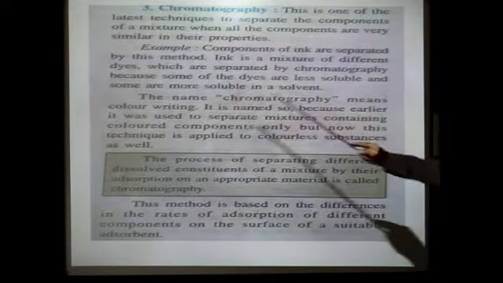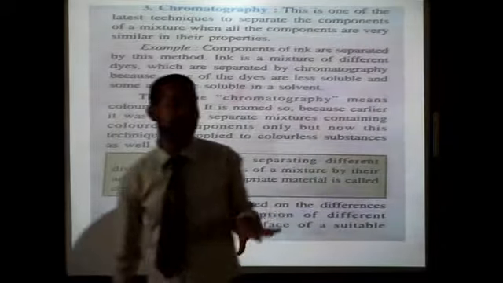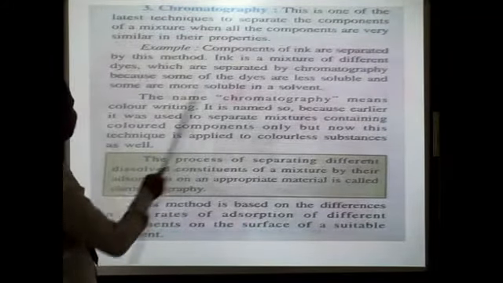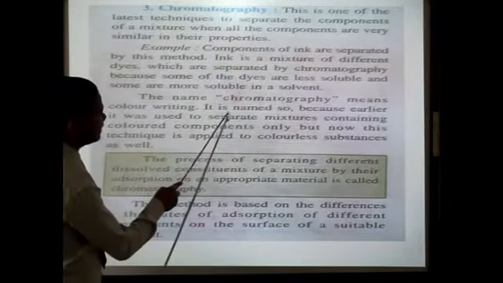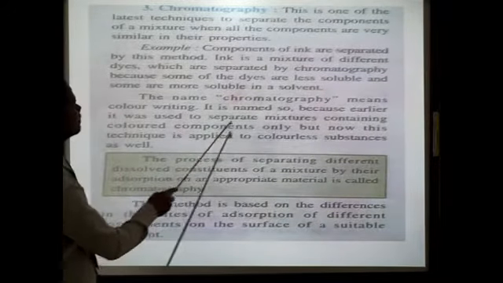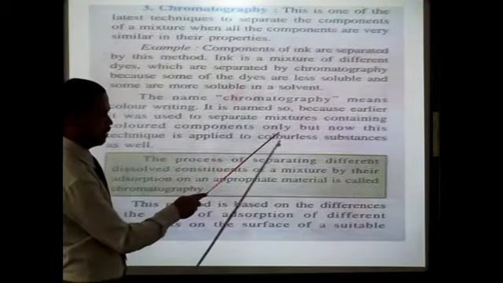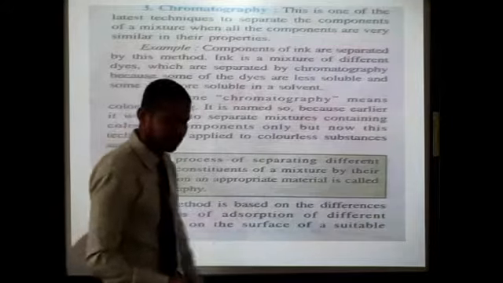Some are less soluble, some are more soluble in a given solvent. The name chromatography means color writing. It is named so because earlier it was used to separate mixtures containing colored components only. But now this technique is applied to colorless substances as well.